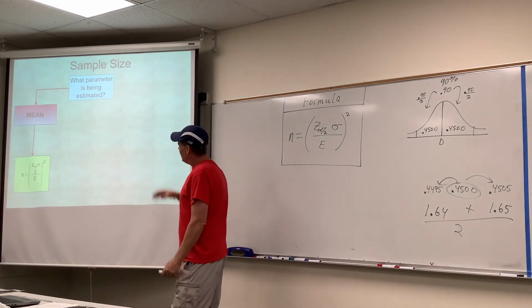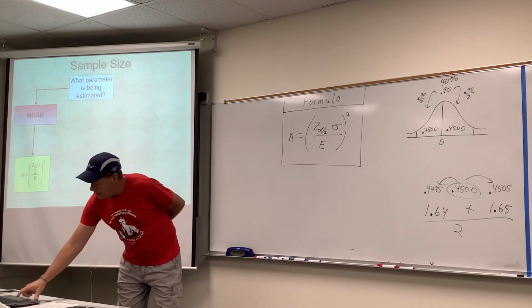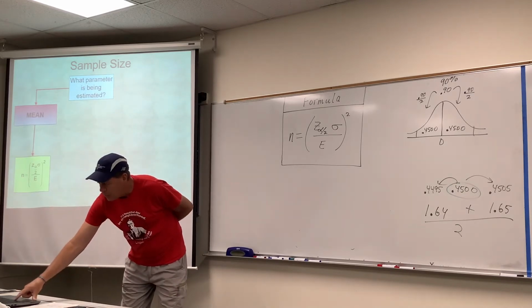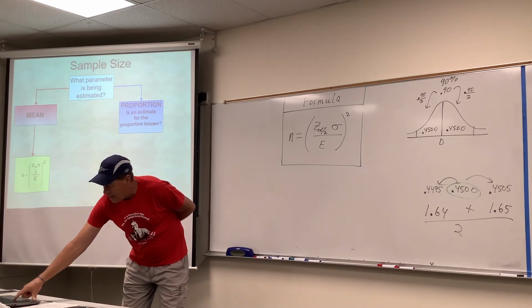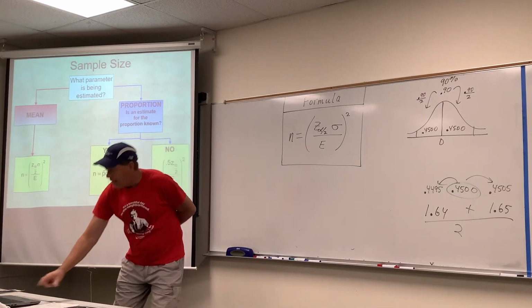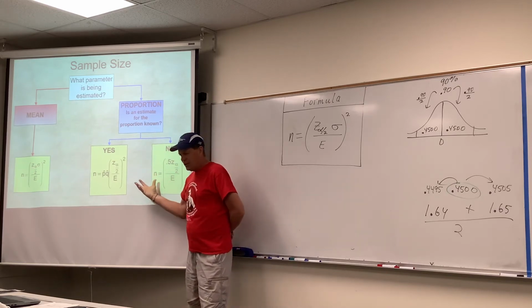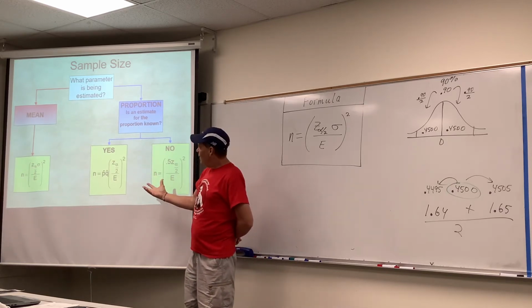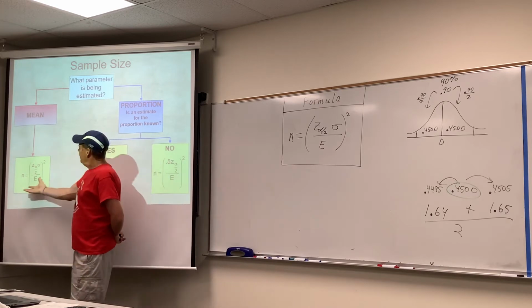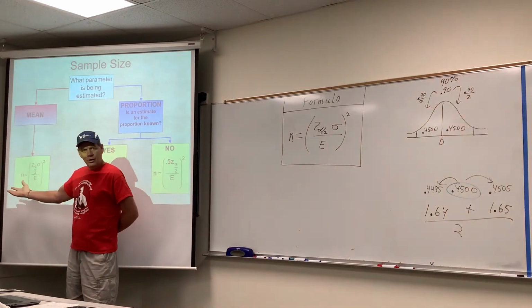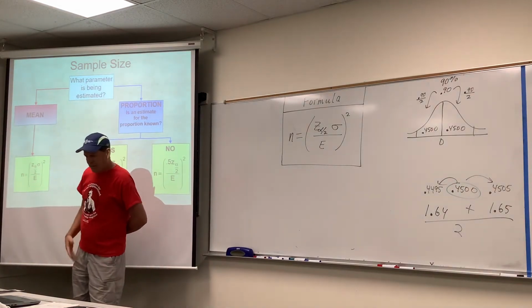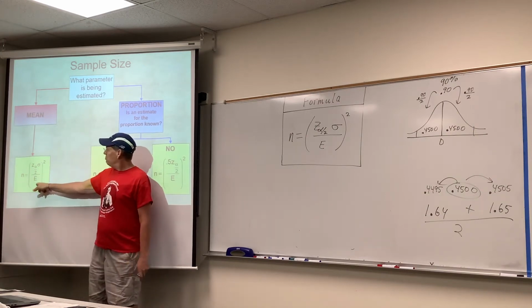But do you remember on assignment 20 when we estimated percentages? That's where we had to determine whether or not they gave us a p-hat. And then we had those 2 formulas there. So these would be the sample size formulas for assignment 20. And this would be the sample size formula for assignment 21, 22. So if you're doing 21, 22, there it is.